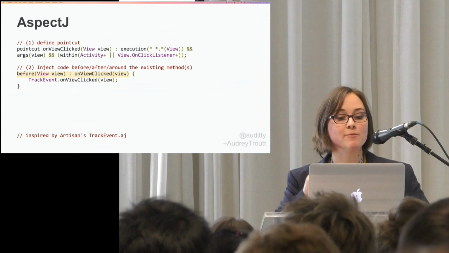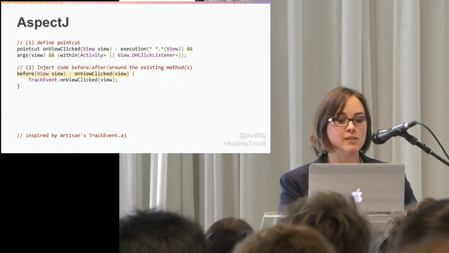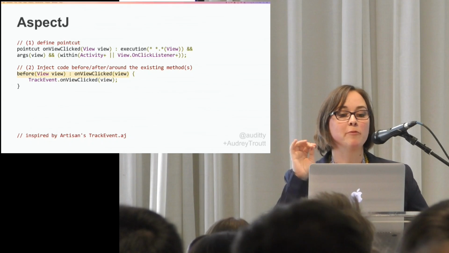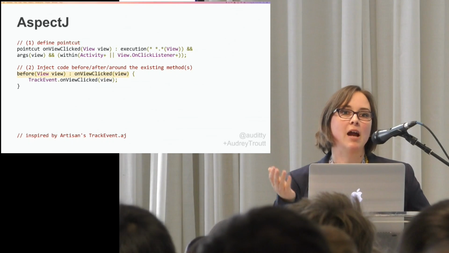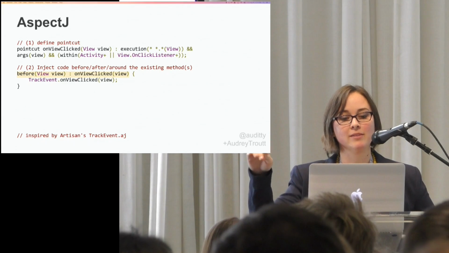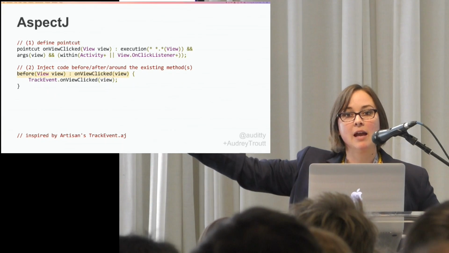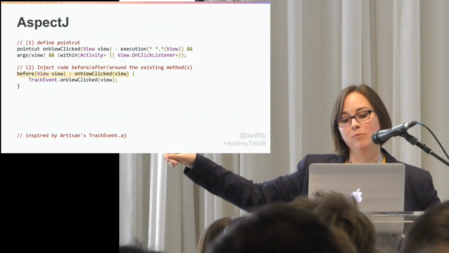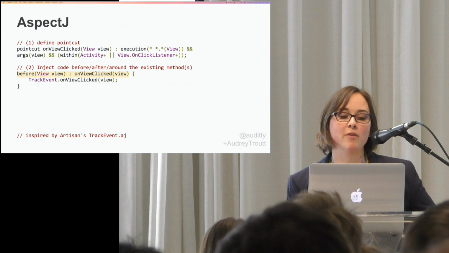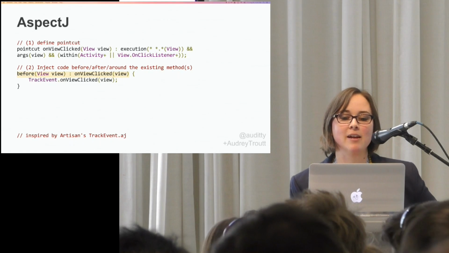I then define this advice, this before advice, which I match onto that pointcut. So before, and it could have before, after, or around. Before any of those pointcuts happen, I want to inject this method implementation here, onViewClicked. And it just simply calls out to a static method to log an analytics event, surprise, surprise.